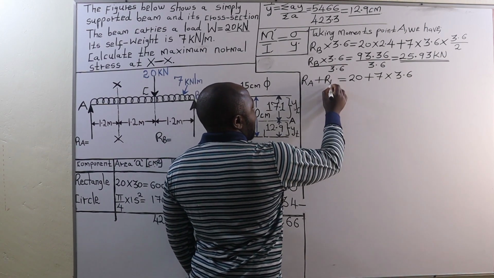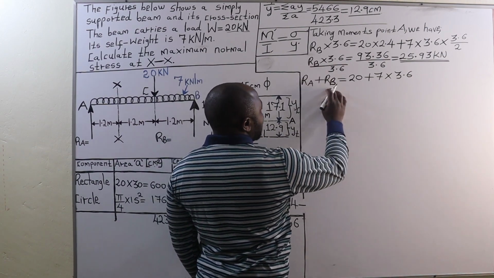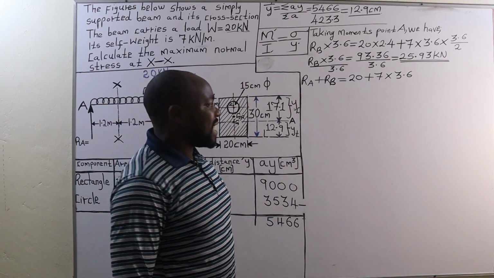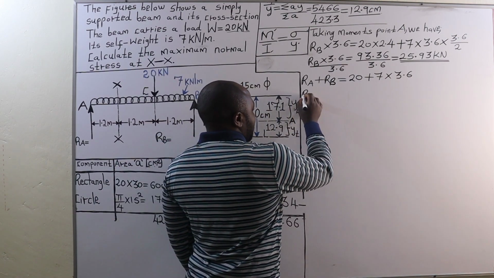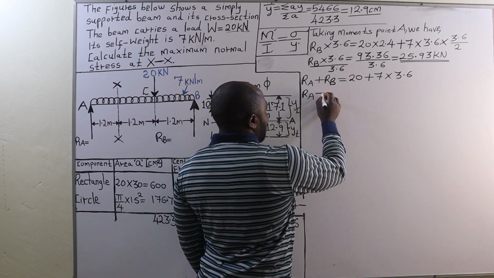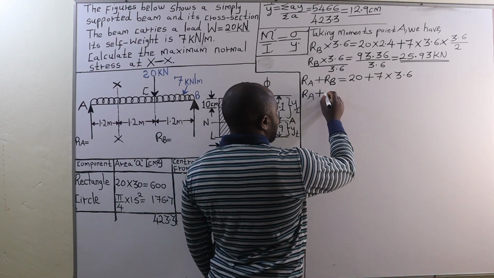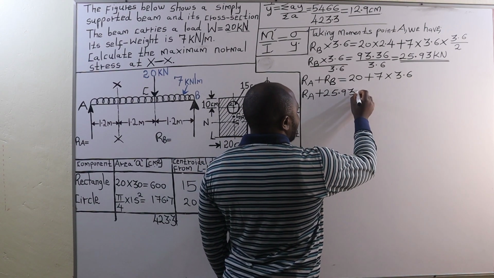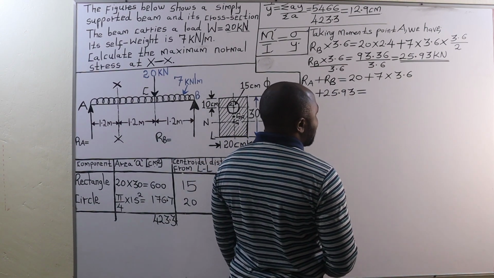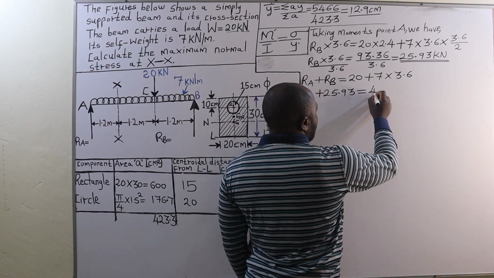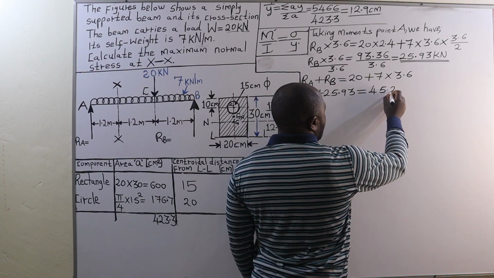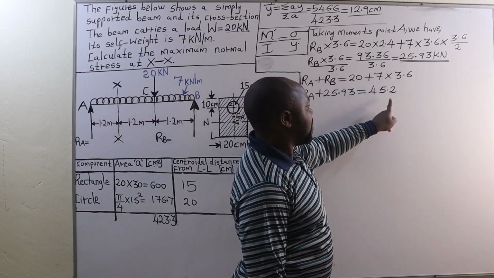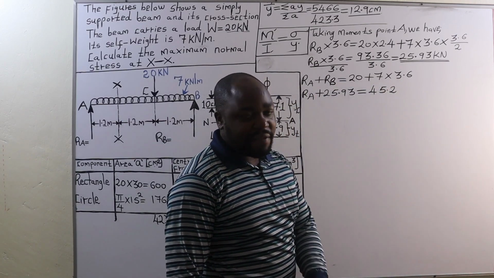So RA plus RB is equal to 20 plus 7 times 3.6. Therefore, the reaction at A plus the reaction at B, which is 25.93 kilonewtons, that's going to be equal to 45.2. So 20 plus 7 times 3.6 is equivalent to 45.2.